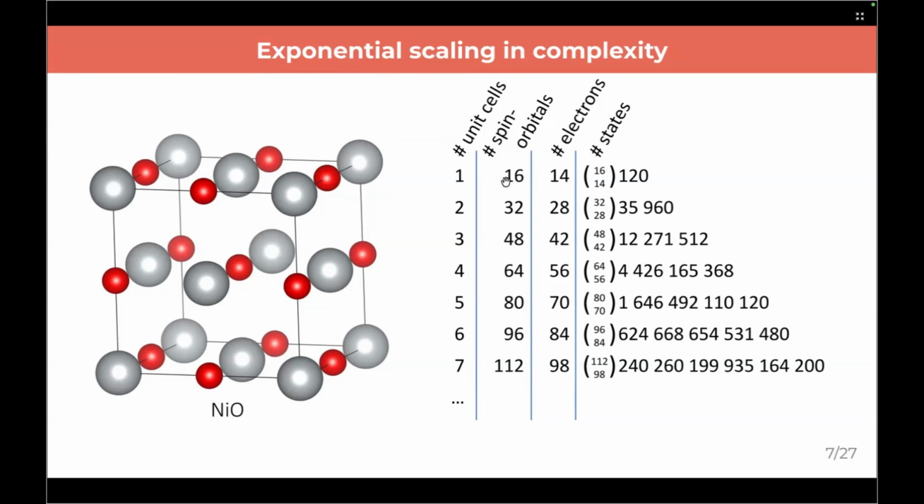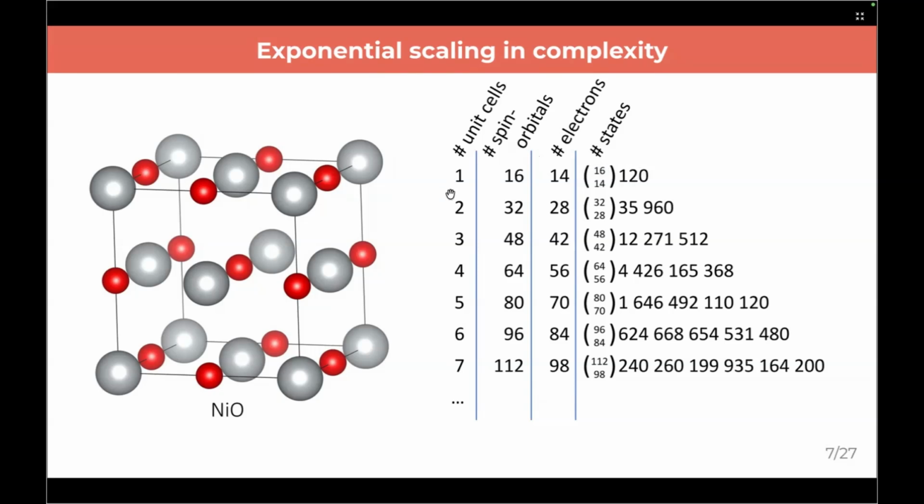It basically consists of 10 d orbitals and 6 p orbitals, for example. And if we now know that we have 14 electrons which will be distributed in these 16 spin orbitals, then the number of possible states will be obtained from this binomial coefficient.